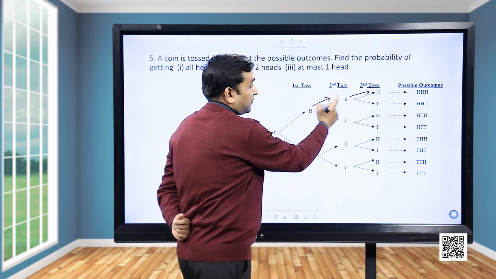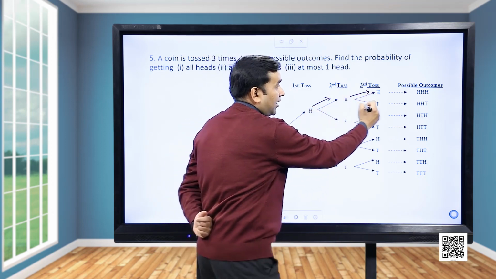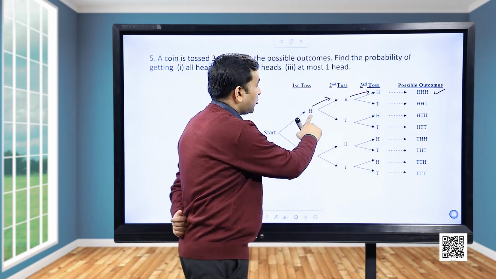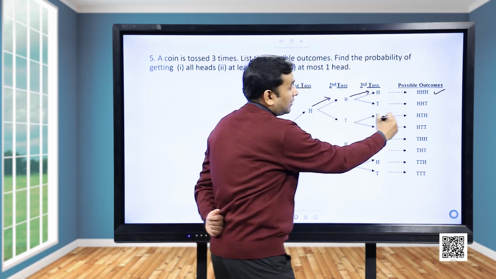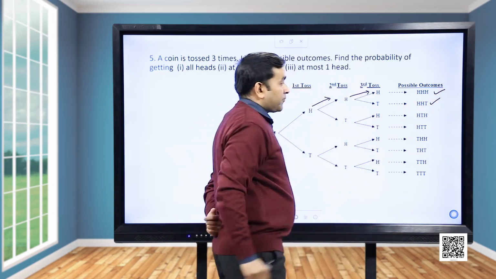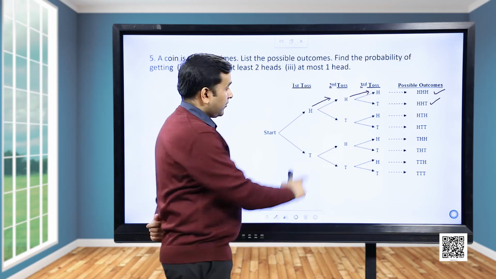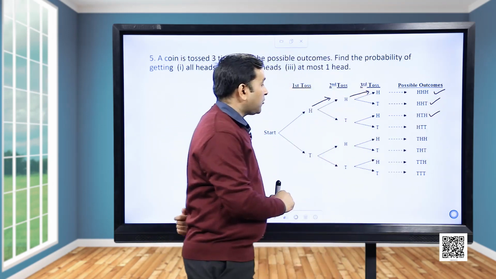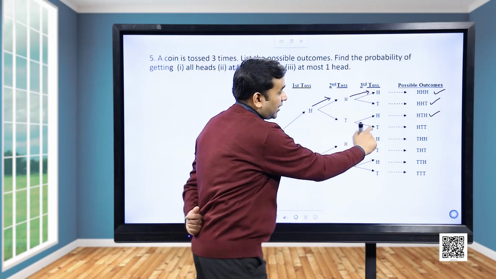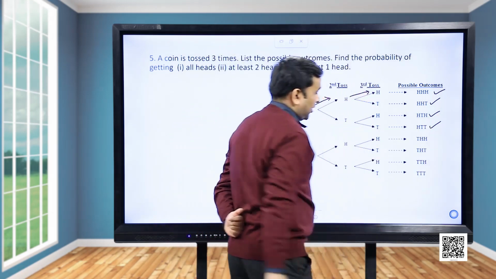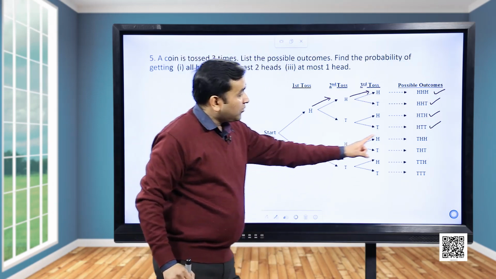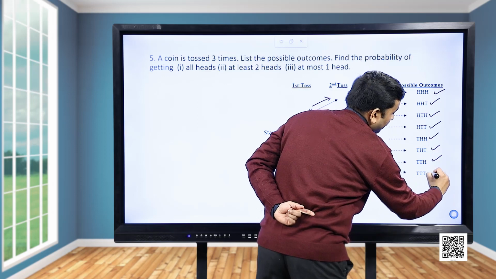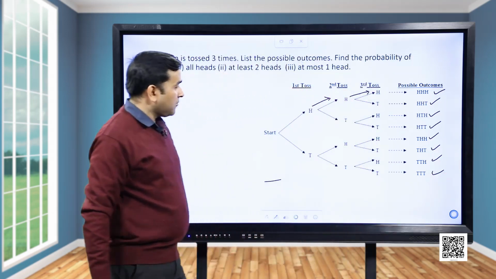So, the first outcome would be head, head, head, which is this. Then the second outcome would be head, head, tail, which is this. Third outcome would be head, tail, head, and fourth one would be head, tail, tail. Similarly, if we get tail, we would get all these outcomes. Okay.